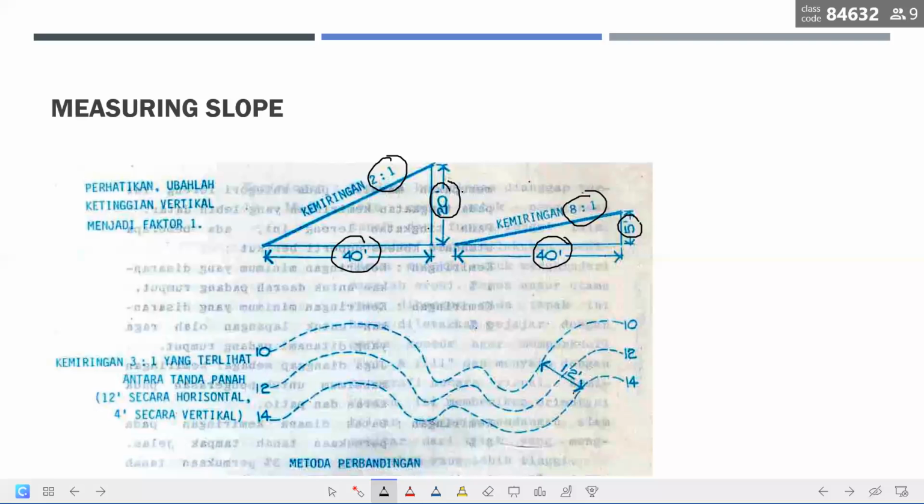And already you can see the stark difference between a 2-to-1 slope and an 8-to-1 slope. I think you can already determine which of these two slopes you would rather walk on, or you would rather climb.